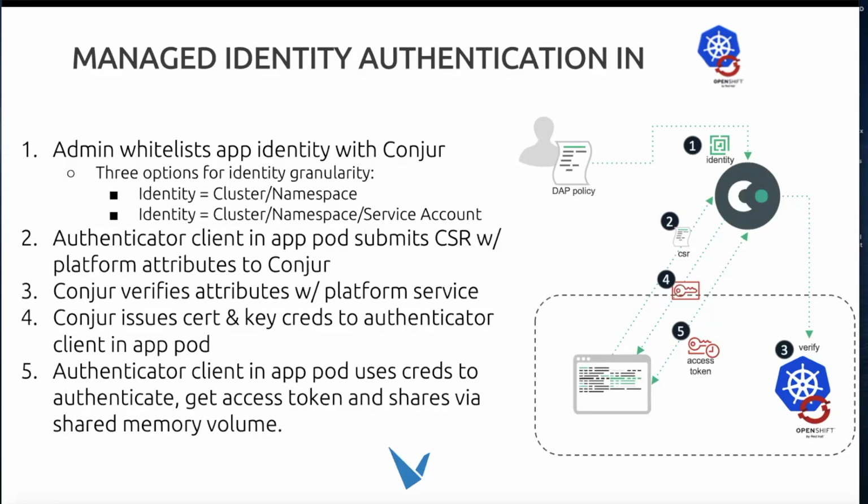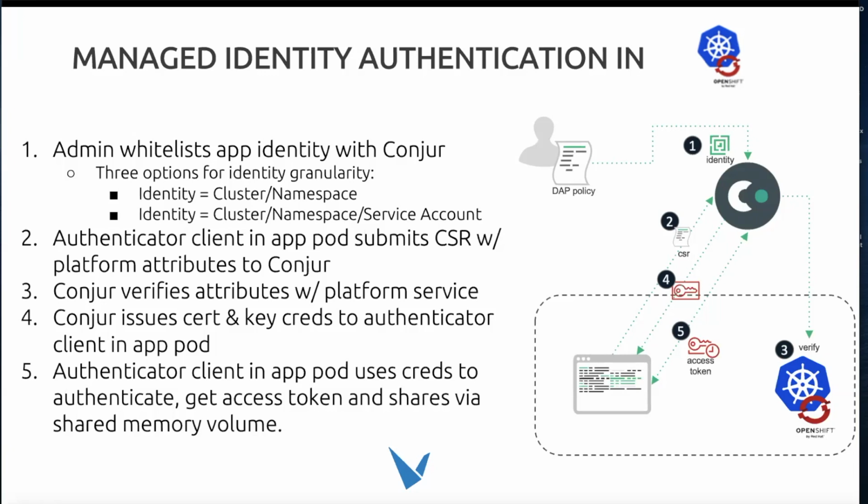The requesting party actually sends a certificate signing request to Conjur. Conjur then takes the certificate signing request and decodes the embedded information, the embedded identifying attributes that are in the CSR, and forwards those on to be verified by the Kubernetes Authentication API.